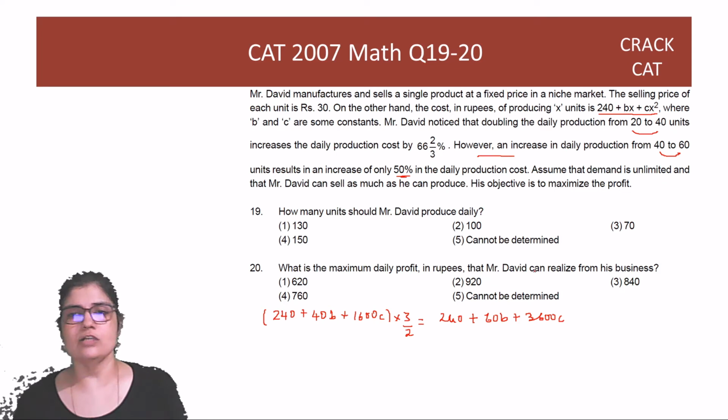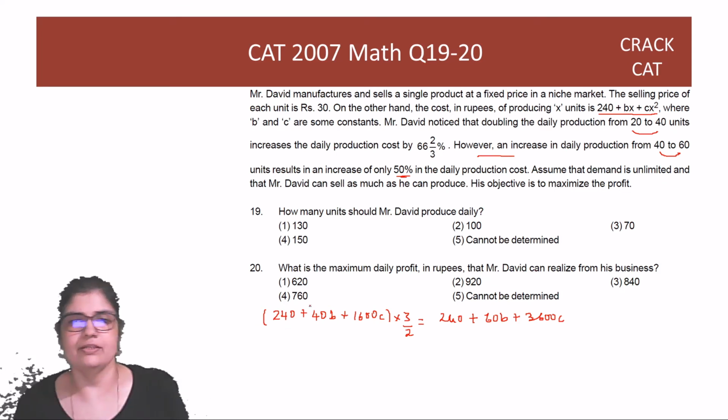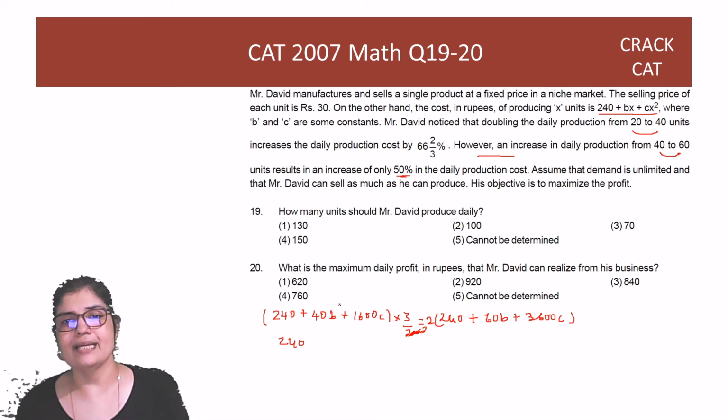Now when you cross multiply and get everything together, 3 into 240 on one side, 2 into 240 on the other side, so 240 remains. Your B gets cancelled: 120B here and 2 into 60 is also 120B here.